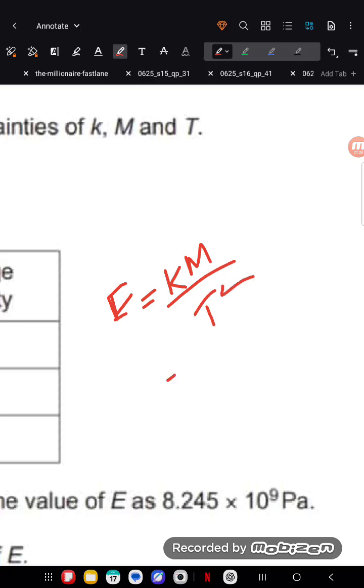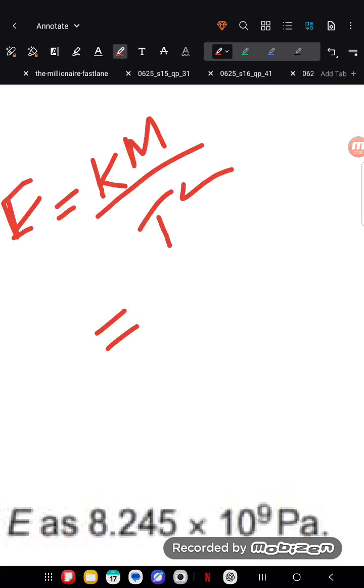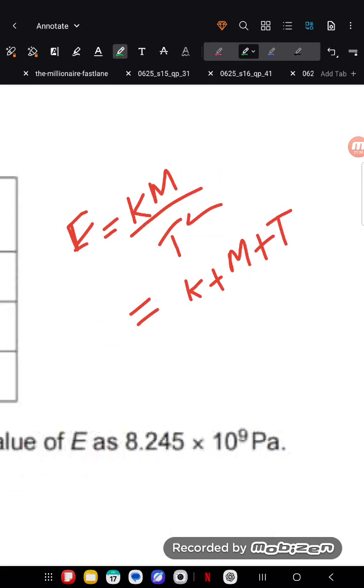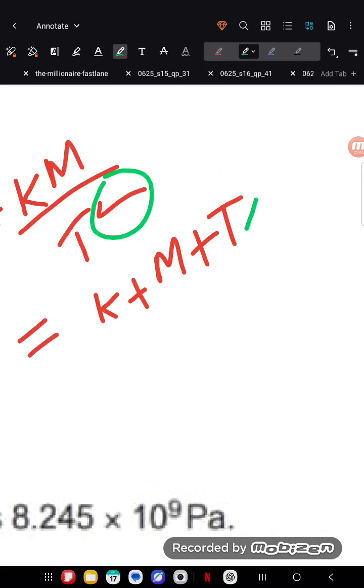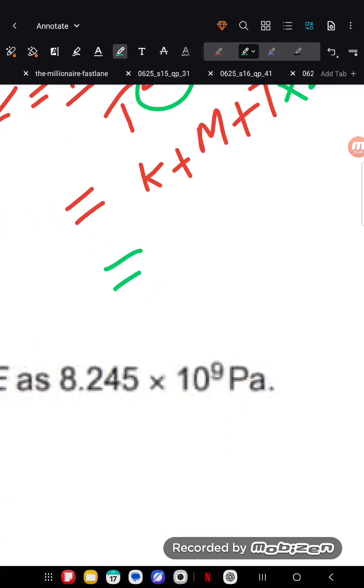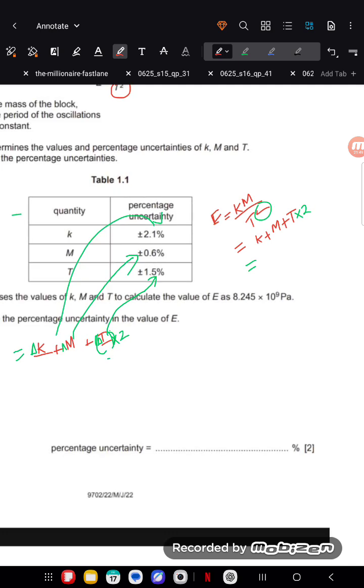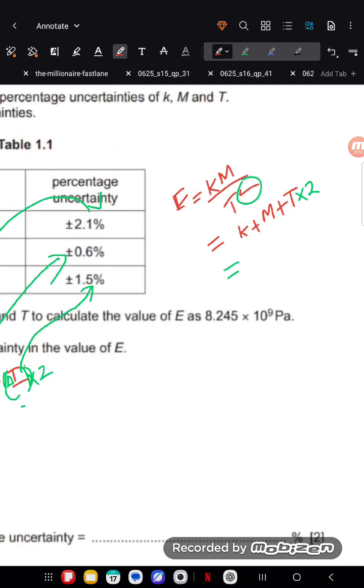So when you change into percentage, it will be K plus M plus T, right? But here you can see T has a square, so you have to multiply T with 2. Simply write the percentage of this.